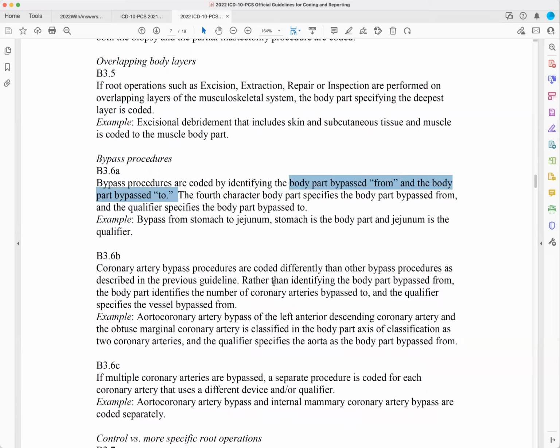But with coronary arteries, rather than identifying the body part bypassed from, that fourth character body part value identifies the number of coronary arteries bypassed to. And then the qualifier is what identifies the vessel that's bypassed from. So it's almost in reverse.